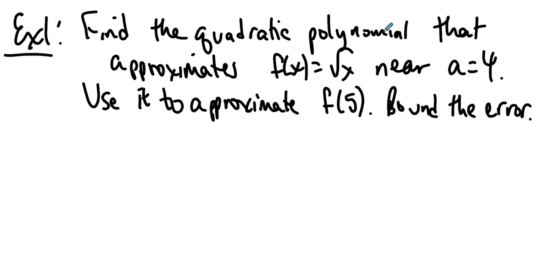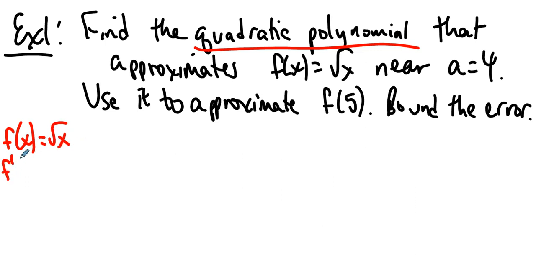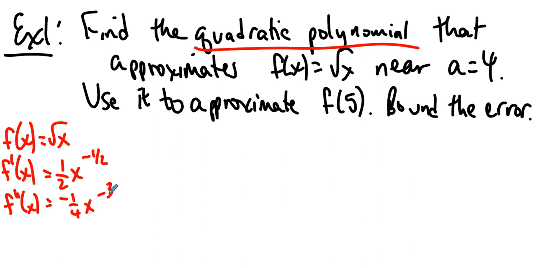One is to find the quadratic polynomial. To find a quadratic polynomial, we need derivatives of square root of x. The first derivative is 1/2 x to the negative 1/2, the second derivative is negative 1/4 x to the negative 3/2, and the third derivative is 3/8 x to the negative 5/2, and so on.